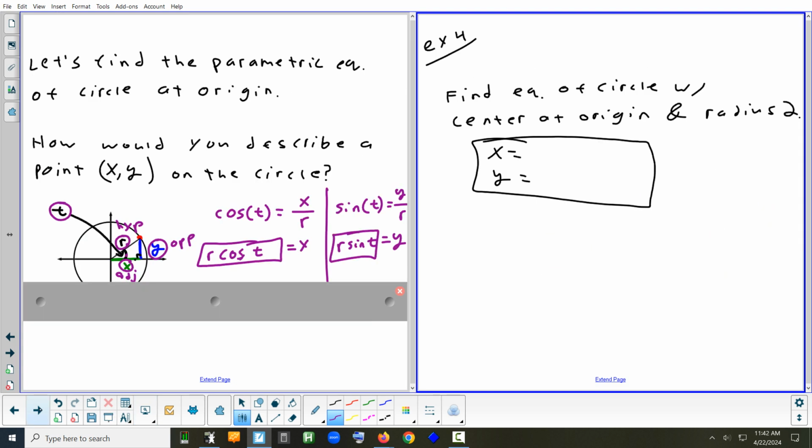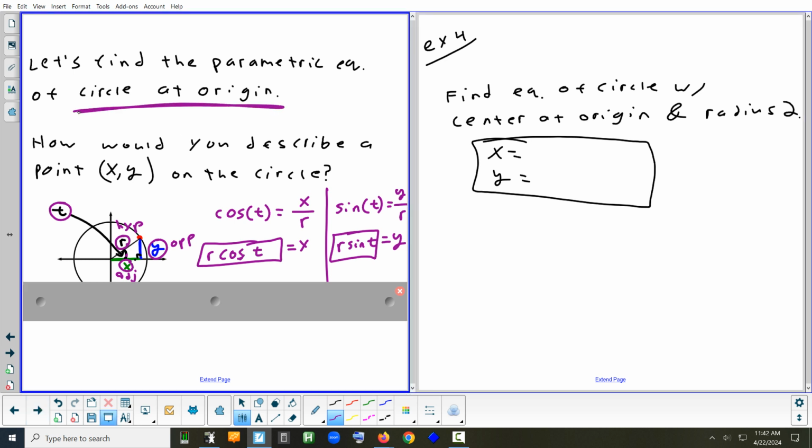So let's see if we can find a circle centered at the origin. That's what these formulas do. They automatically center the circle at the origin. If you want to move the circle somewhere else, we've got to do something a little different. But we're just going to do it at the origin. And I want the radius to be 2.